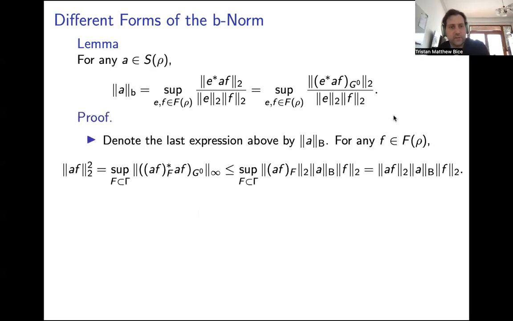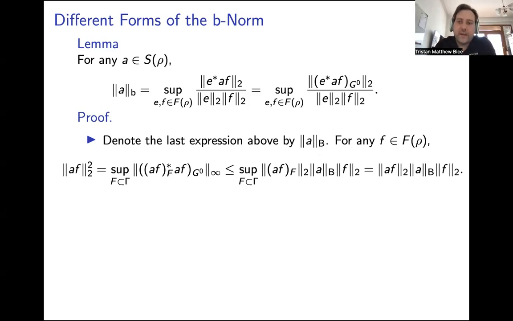So to see why this is true, just to make life easier, let's denote this last expression here, where you do take the restriction to G0, by, again, a norm, but this time with a big B superscript, right? Just temporarily, because in the end, we want to show that it doesn't matter if we put the big B or the little b. But for the moment, let's distinguish between these 2 different norms.